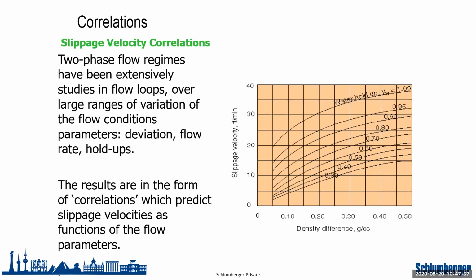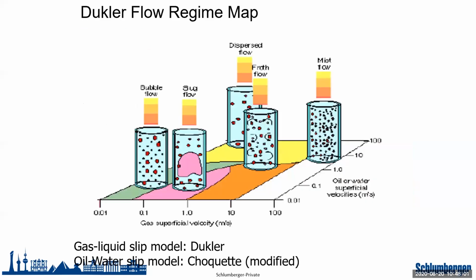This is also very important whenever the slippage correlations are derived. So here we have an example of one of these slippage models, the Doppler model, yeah? Doppler model is usually used for gas and liquid. It's a gas and liquid slippage model.